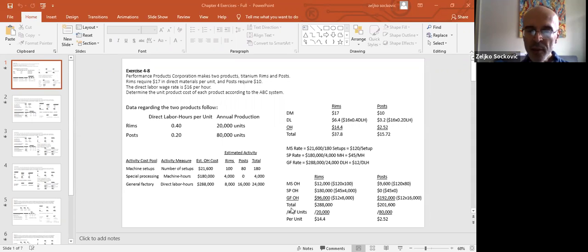Like here on the bottom, we are adding them up: 12,000, 180,000, 96,000, and you can see that these 288 and 201,600 are the total overhead. That would be the same total as if we add up these three. This here would be equal to this here.